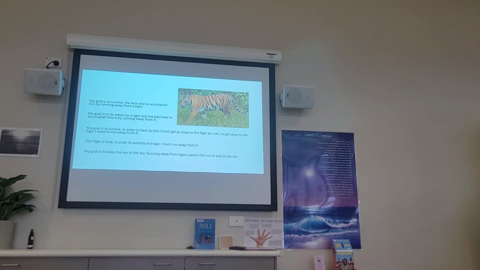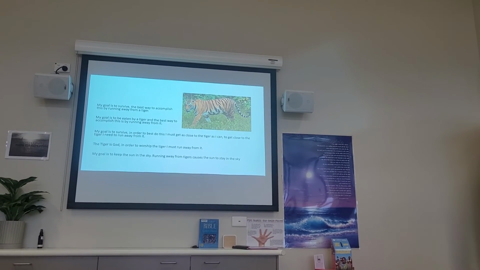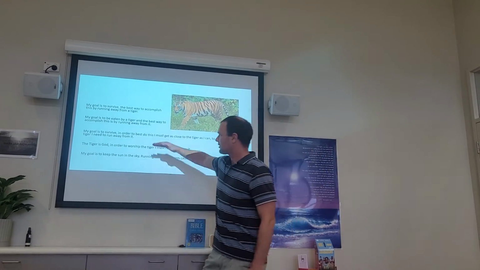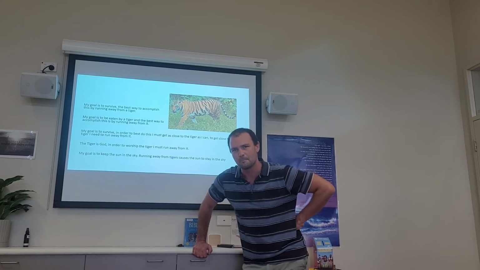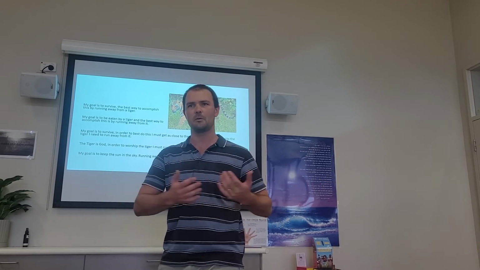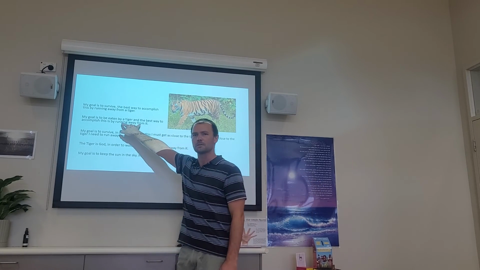I'll probably do that. Look at the next one. My goal is to be eaten by a tiger, and the best way for me to accomplish this, to be eaten by a tiger, is to run away from them. So this is a false belief.